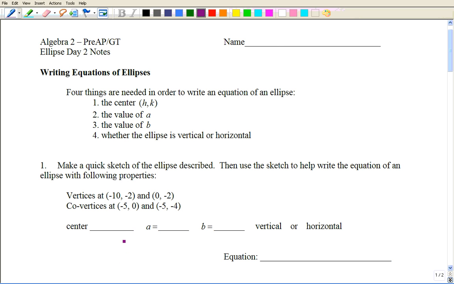So if we want to draw this graph, not a very good graph here, but here's the point -10, -2, and we also have the point 0, -2. Those are vertices.